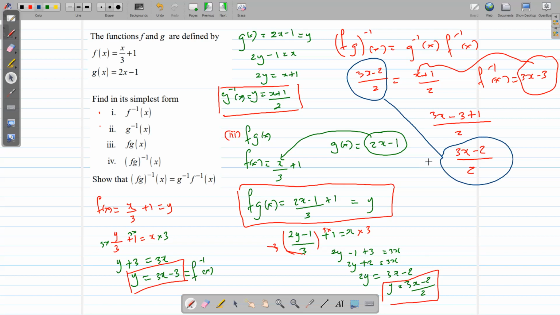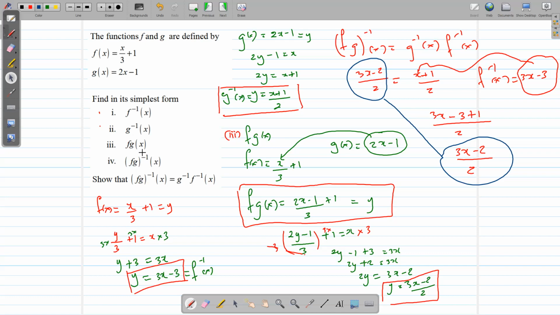So the inverse function here, finding the inverse of the composite. Here's our composite, and then we found the inverse of the composite. Finding the inverse of the composite is the same thing as switching the letters in the composite.